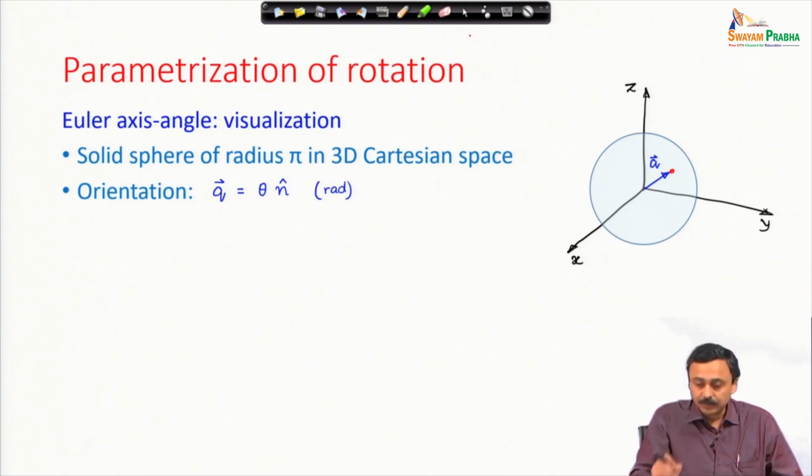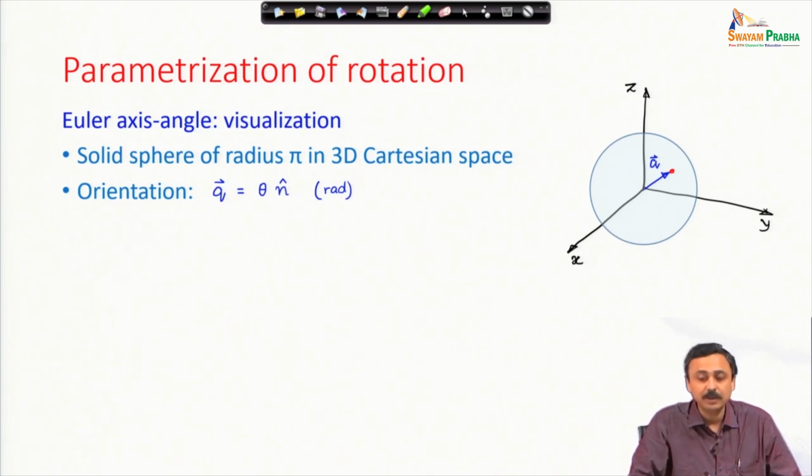That uniquely represents this orientation, because given this theta and n, or given this vector q, I will take the magnitude and interpret that as the rotation in radians, and I will take the unit vector of q and say that that is the direction about which that rotation has to be given, and that will specify my orientation of the body.